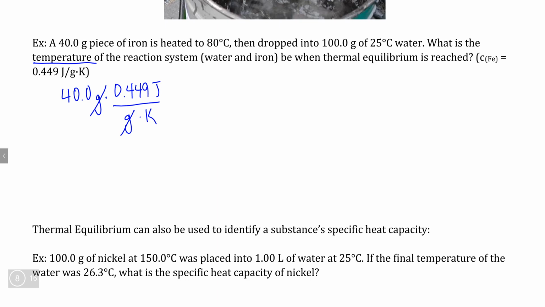So all we need is the change in temperature. Now, the problem here is that we don't know what our final temperature is going to be, so we're going to say that the variable x is equal to our final temperature after thermal equilibrium is reached. So x is the final temperature, and if we want delta T, we can subtract the initial temperature of the iron here, which is going to be 80 degrees Celsius.